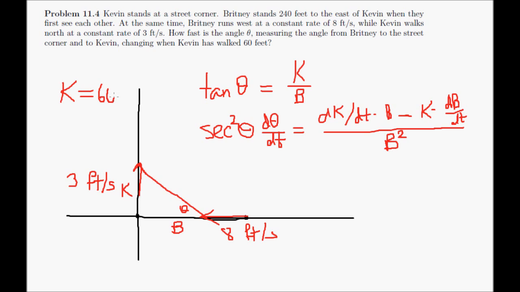So we know that the time elapsed is 20 seconds. Therefore, the distance b is going to be equal to 240 minus 8 times 20. So 240 minus 160 makes 80.